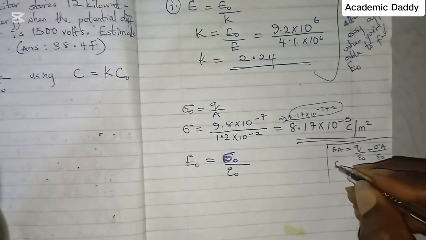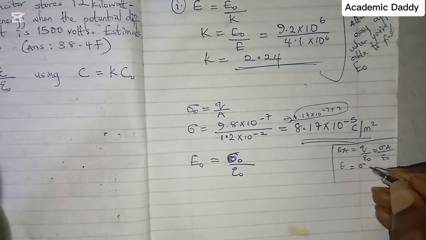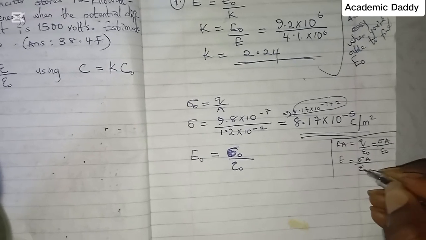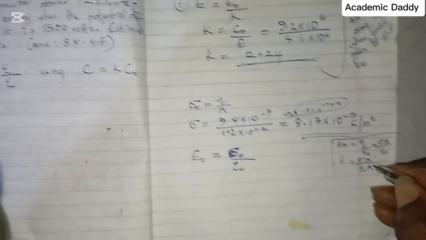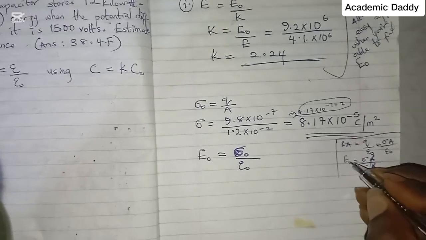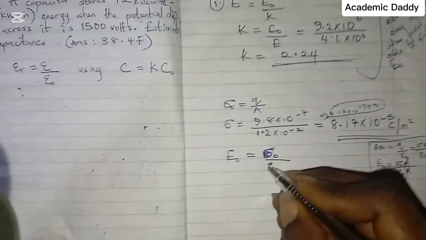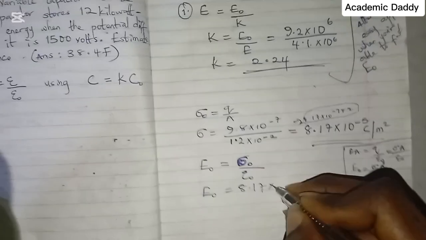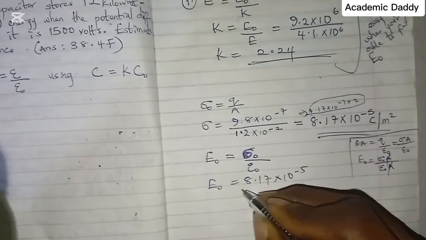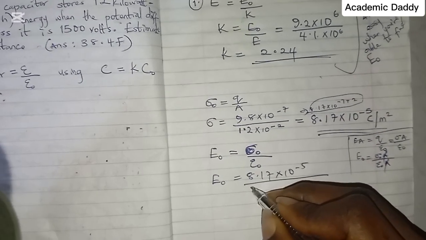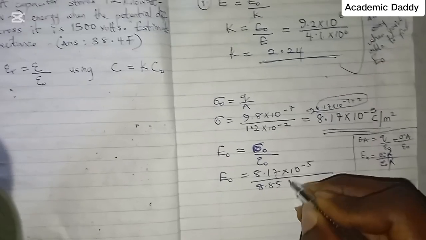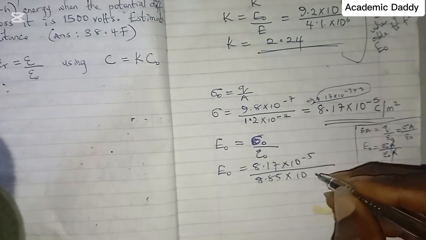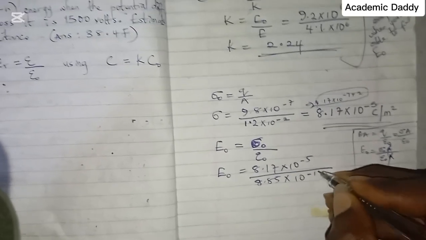If you make E subject of the formula, the A cancels, and remember that is the initial one we are talking about. So E naught will be equal to the surface density, 8.17 times 10 raised to the power minus 5, all over the permittivity of free space, which is a constant, 8.85 times 10 raised to the power minus 12.